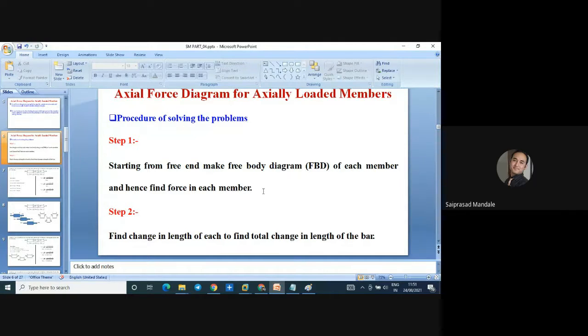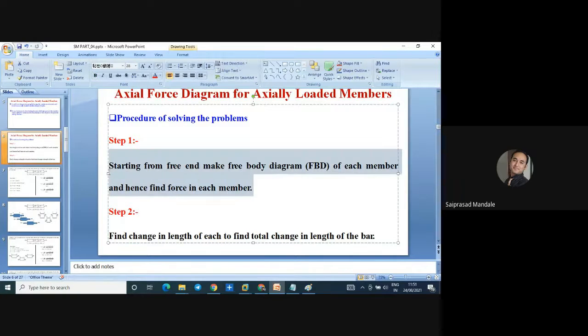So first draw the free body diagram, and second find the elongation or compression in each member and then go for the addition or subtraction.